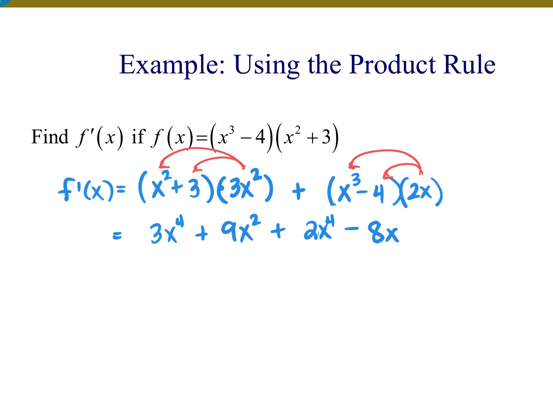I know. So I was just going to say, the only way you can make a mistake is by doing a dumb multiplication mistake. I was just demonstrating that for you. Or make a dumb adding mistake, or make a dumb subtracting mistake. All right. So let's make sure I can add, and we'll have 5x to the 4th, and then 9x squared minus 8x.